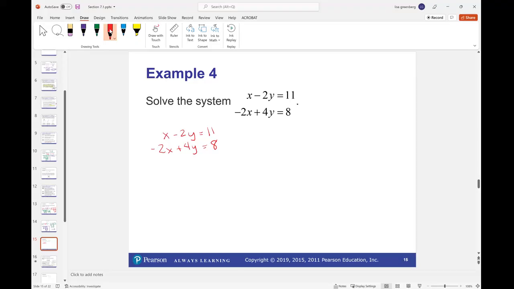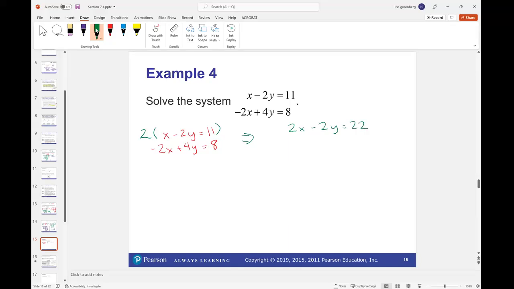I'm going to eliminate x first. I like that because anything that has a 1 as a coefficient is always going to be easier to eliminate. So what am I going to do? I'm going to multiply everything here by 2. So I get 2x minus 2y equals 22.